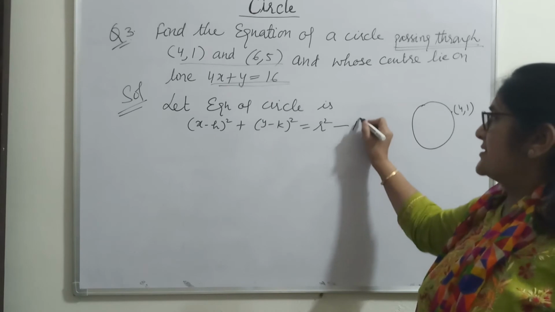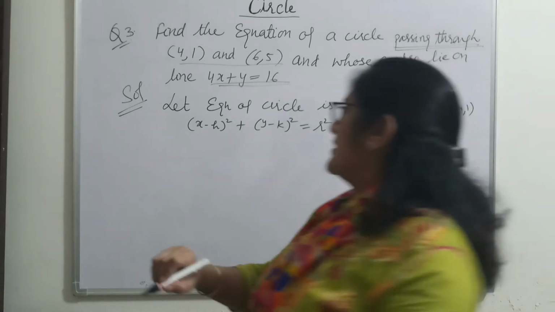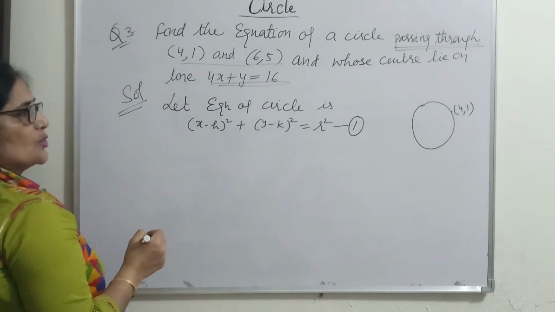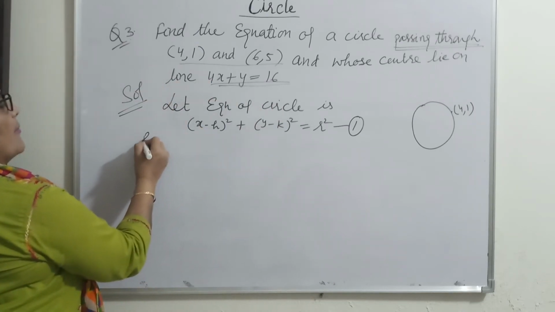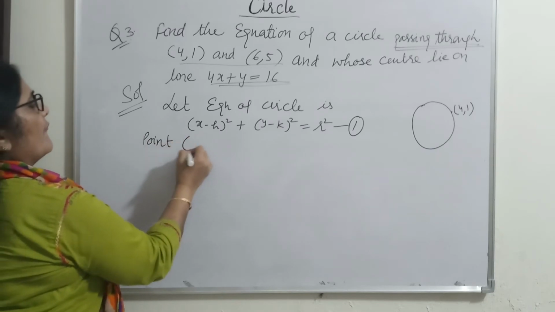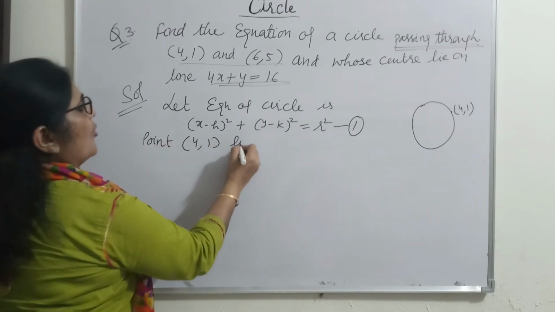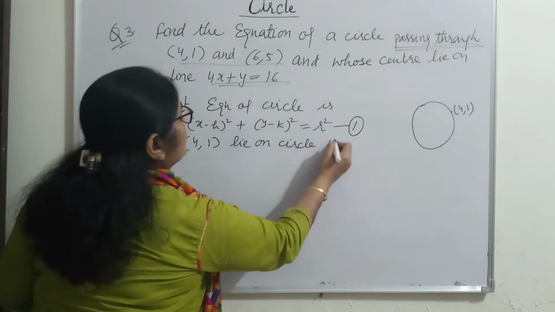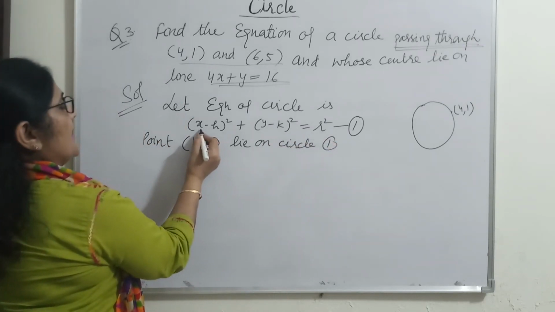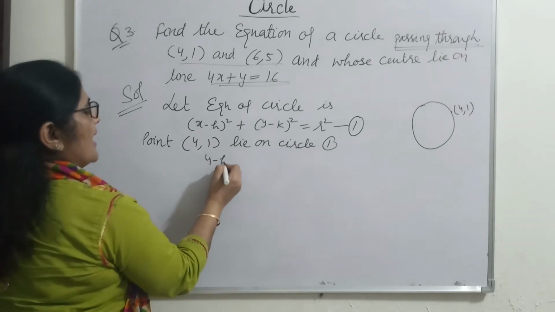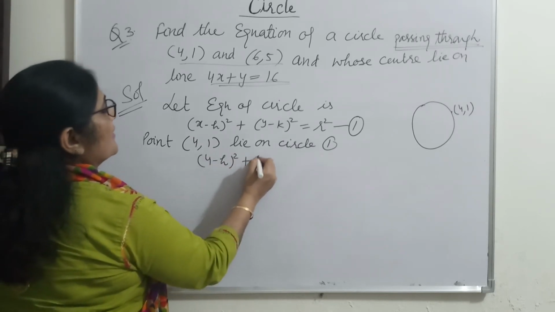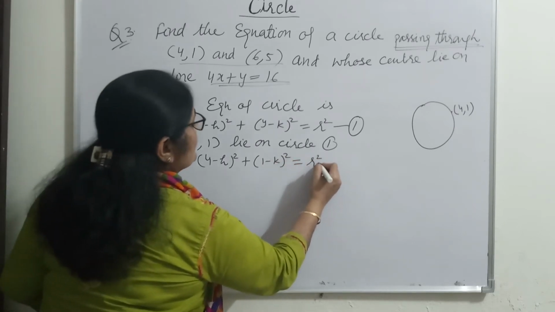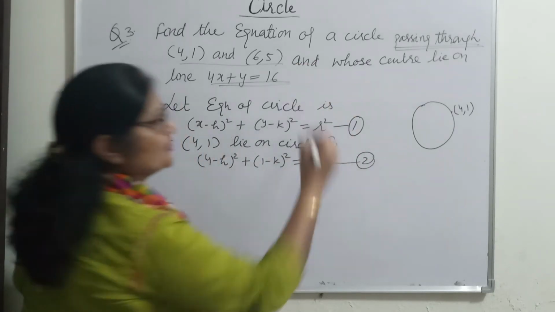The equation is (x - h)² + (y - k)² = r², equation 1. Point (4, 1) lies on circle 1, so (4 - h)² + (1 - k)² = r². This is equation 2.